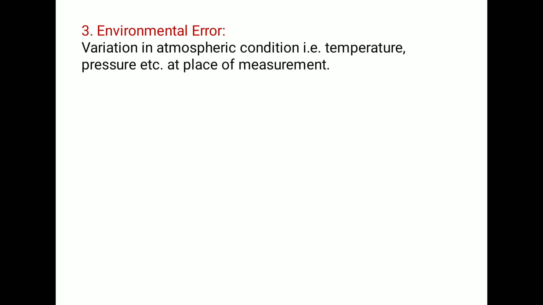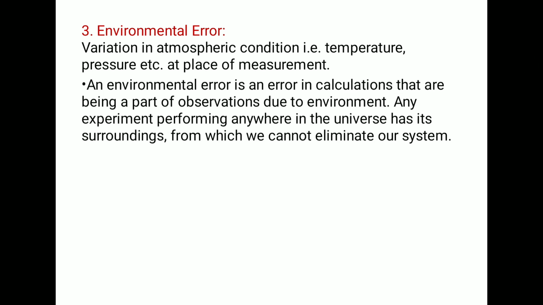Then the third one is environmental error. Variation in atmospheric conditions, that is temperature, pressure and other factors at the place of measurement, lead to environmental errors. An environmental error is an error in calculations that are part of observations due to the environment.